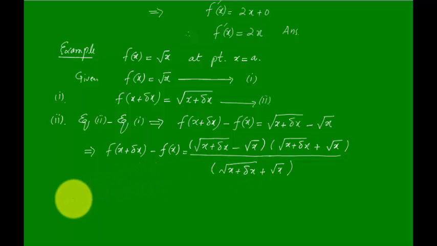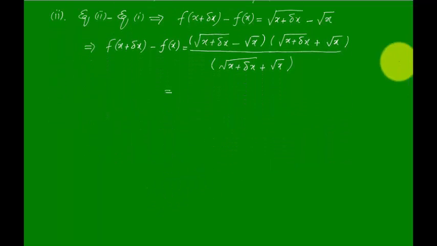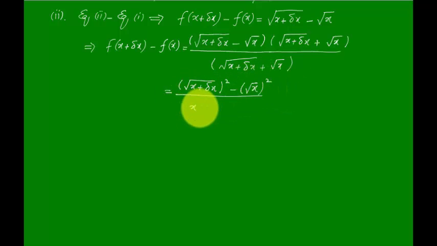Now this can be written as, when I multiply this with this, it is a minus b into a plus b. So by the application of a plus b into a minus b, we can write it as square root of x plus delta x whole square minus square root of x whole square, divided by the same fraction, square root of x plus delta x plus square root of x.